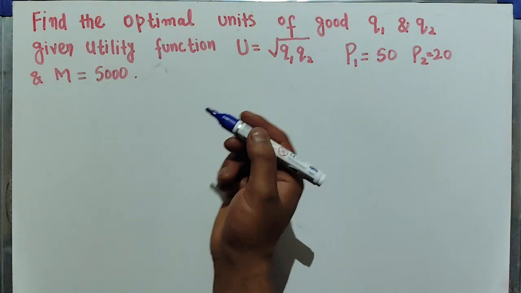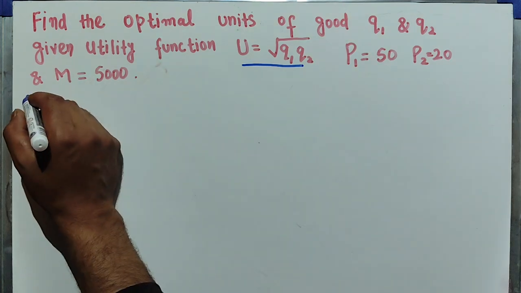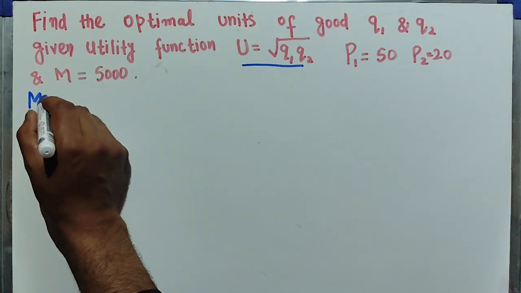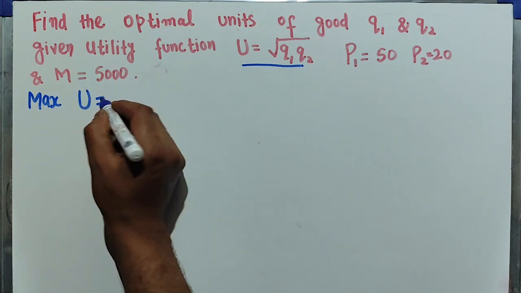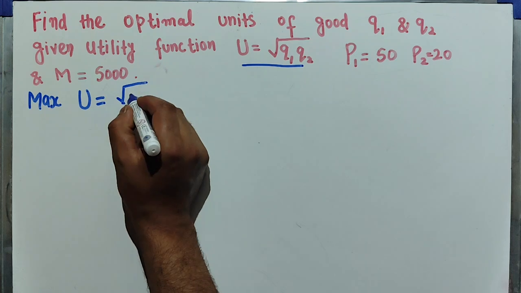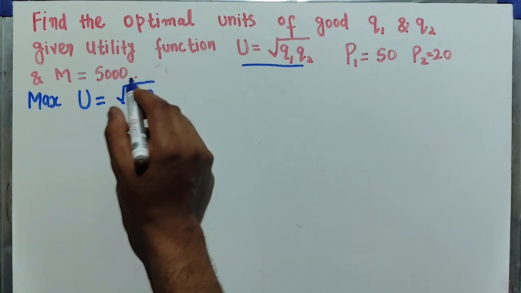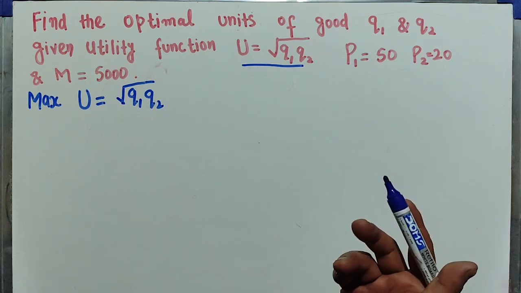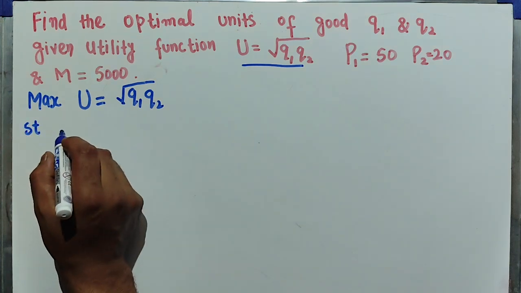So what have we been given? We have been given the utility function of the consumer. Our endeavor will be to maximize the utility that the consumer gets from consuming the two goods, that is, square root of Q1 times Q2, subject to the budget constraint. And what will be the budget constraint?